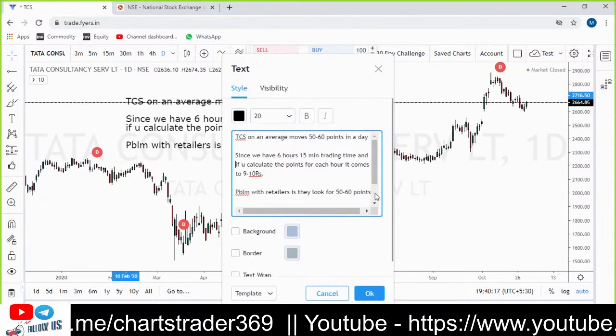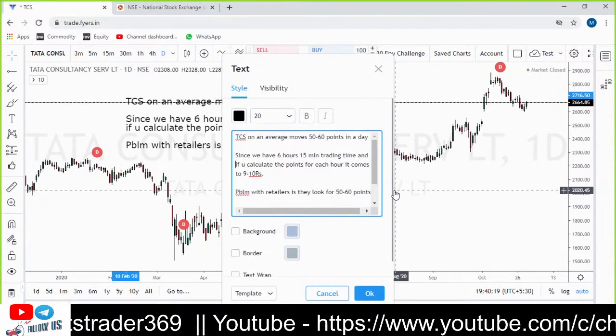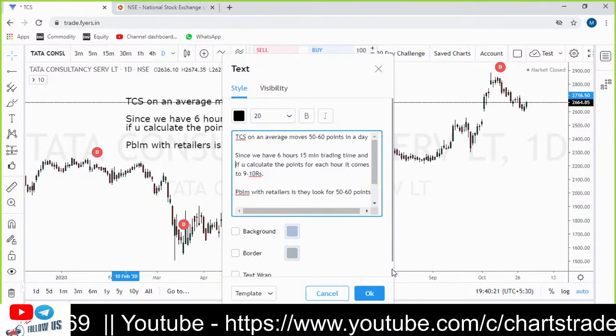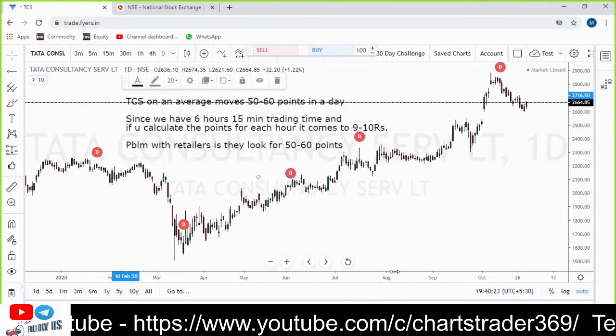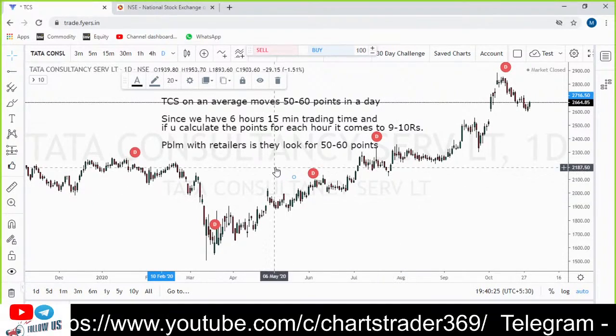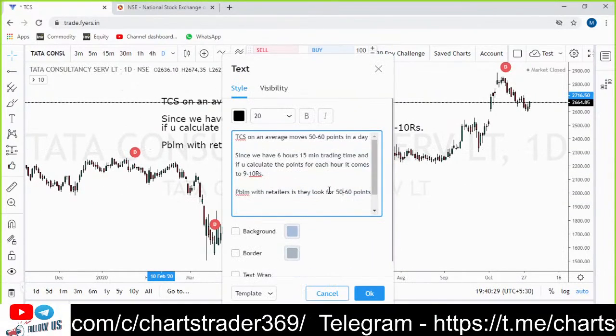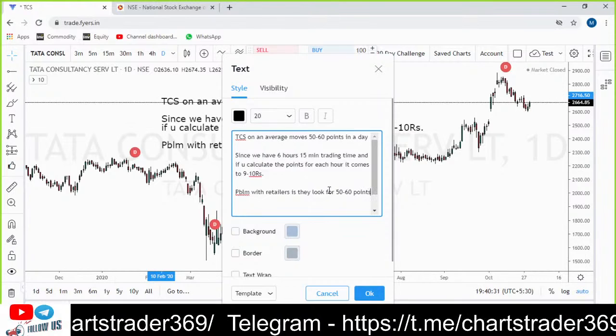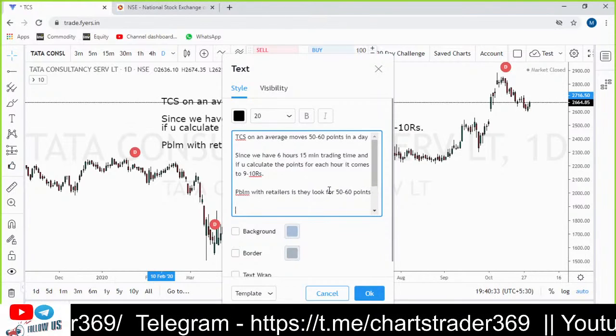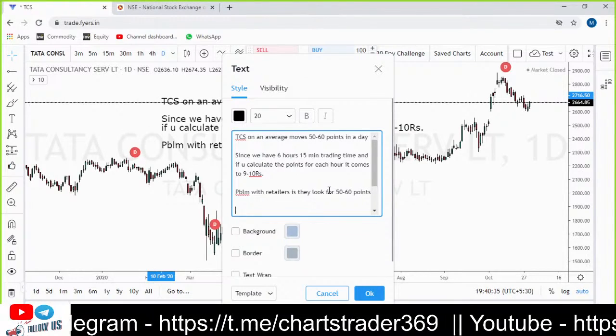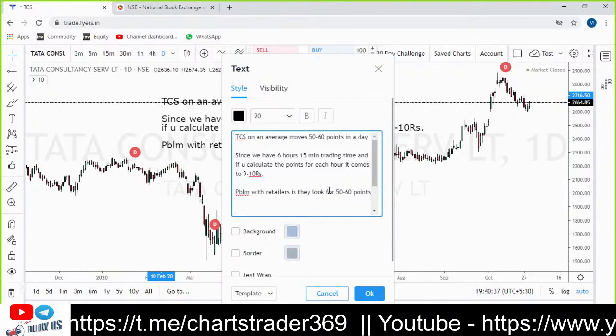The problem with the retailers is they try to look for this 50 to 60 points, which is not at all possible, because we already know that the average price movement of TCS is 50 to 60 points for a day.